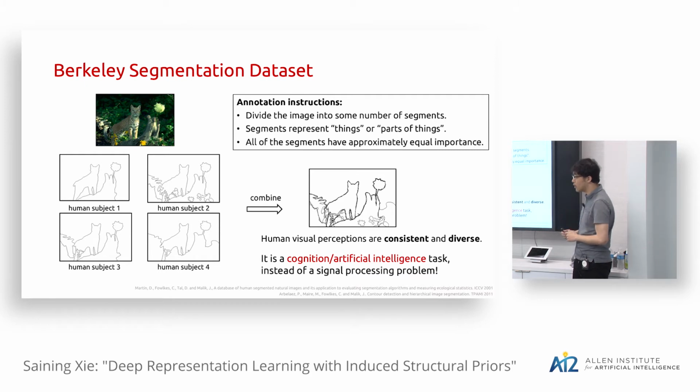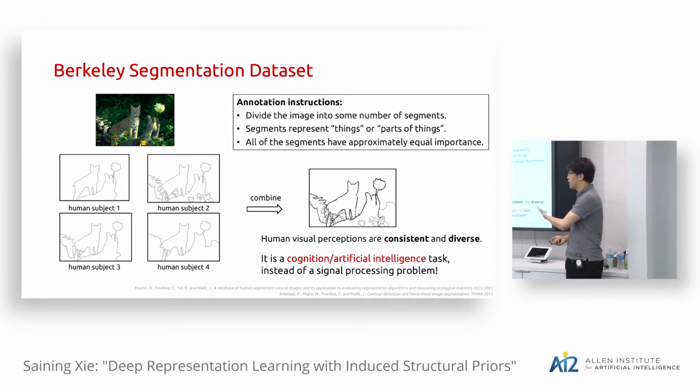This is really weak, okay? So this tells us this is not really a signal processing problem. You cannot do this just by looking at the gradients of your image. This is actually a cognition, artificial intelligence task, because it involves high-level semantics, high-level image parsing that we human beings can do really well.